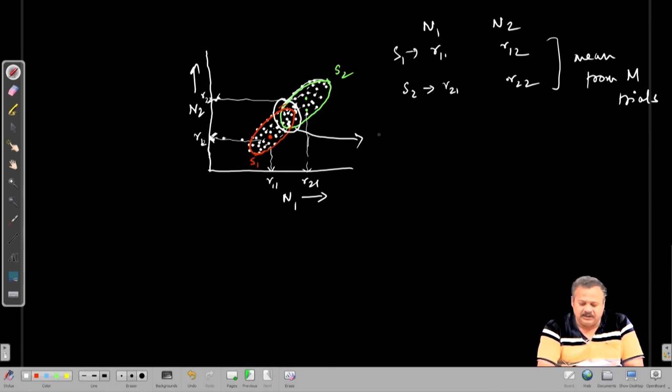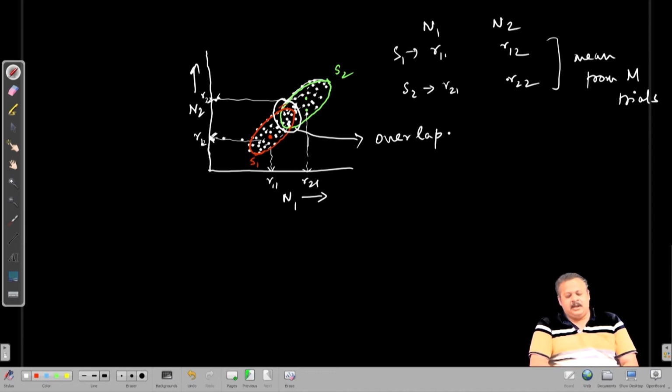This overlapping region is where the confusion region is, that is, response pairs of N1 and N2 within this region are going to be difficult to decipher as to whether they came from stimulus 1 or stimulus 2, because we are seeing a finite or good probability of such responses from stimulus 1 as well as stimulus 2.